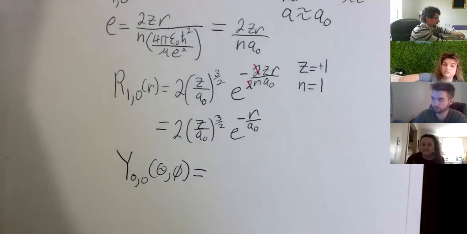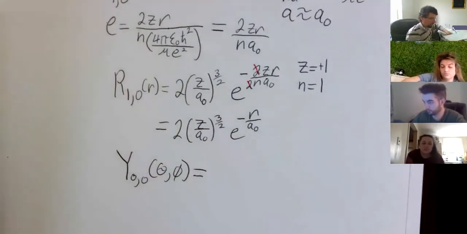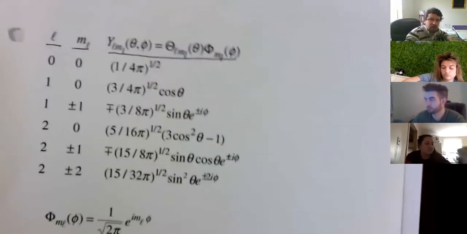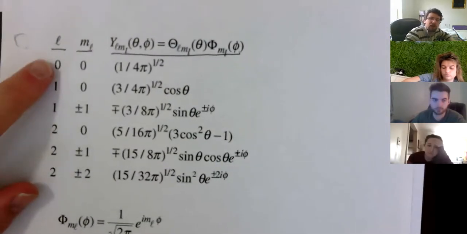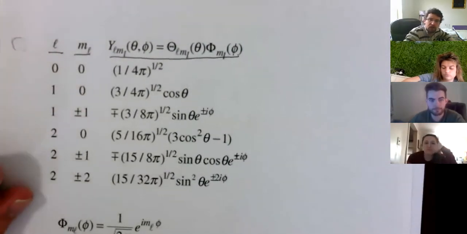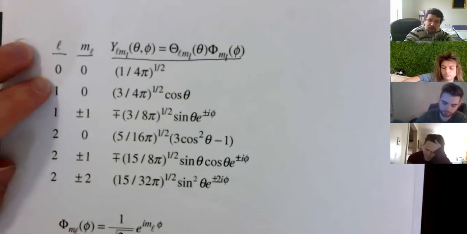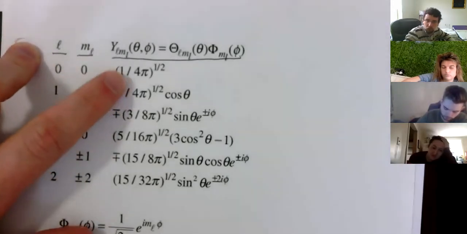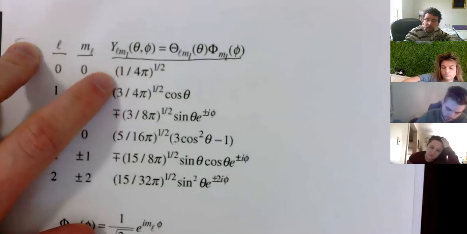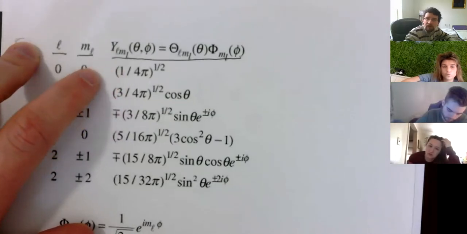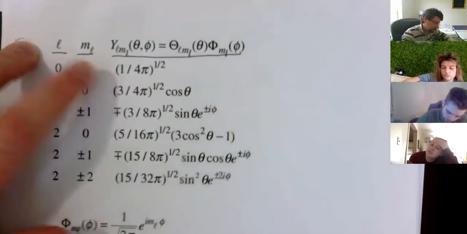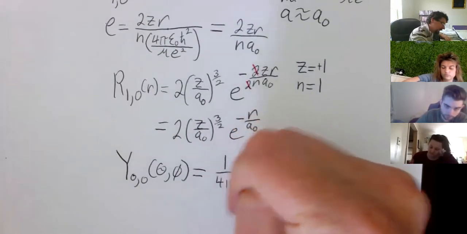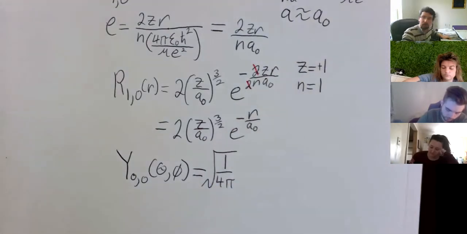If not, I can pull it up here. So this is keeping track of our L and our M sub L values. What is our L and what's our M sub L value? 0, 0. So what's the angular part? 1/4 pi to the 1/2. Yep.